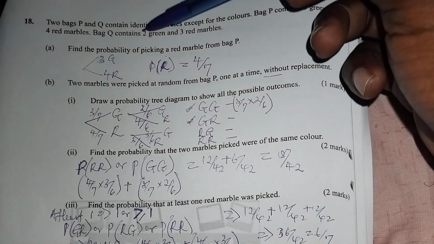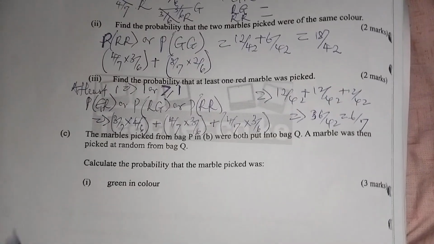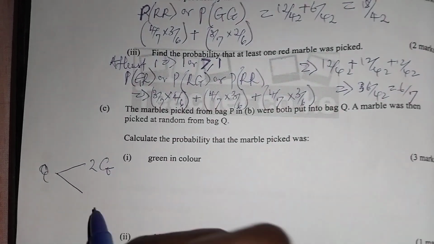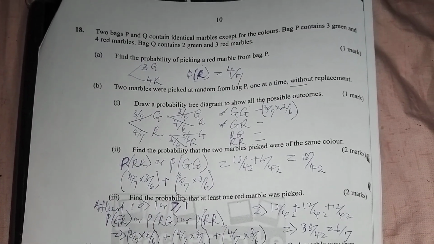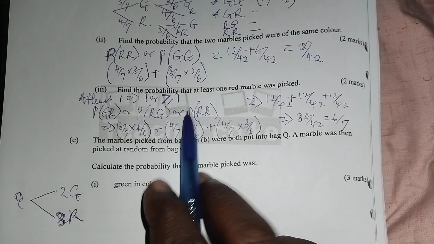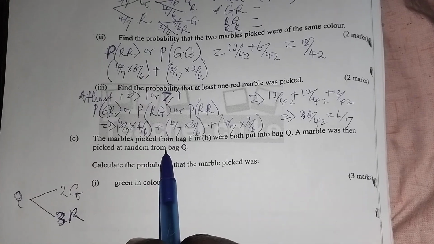Bag Q has 2 green and 3 red. They are saying the marbles picked from bag P are put in bag Q, then a marble is picked at random, so you are going to have different scenarios.